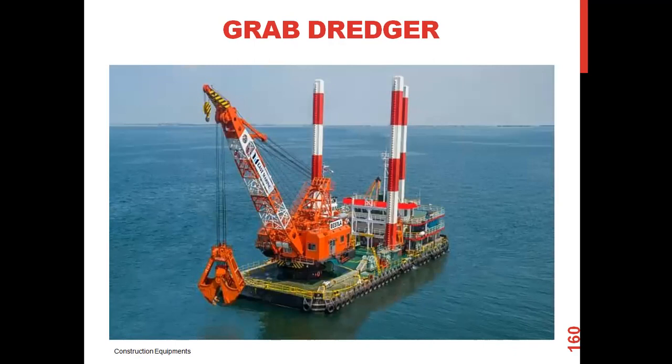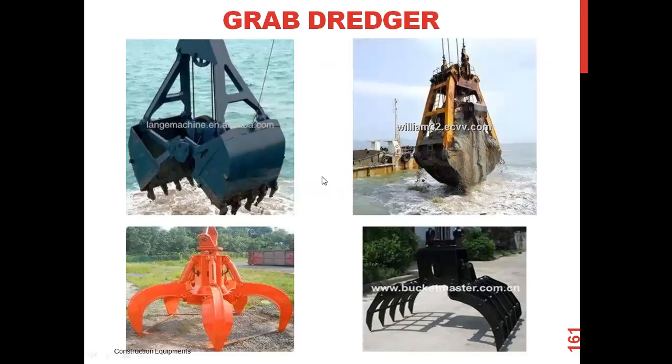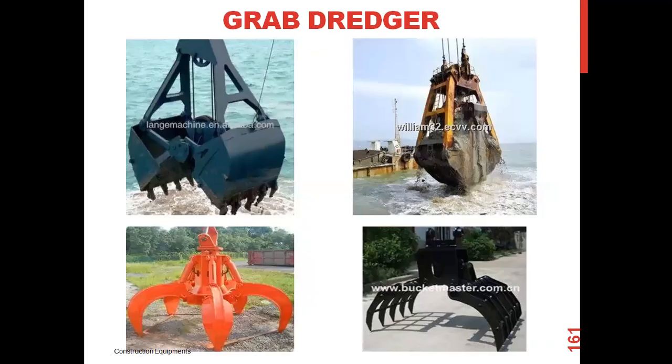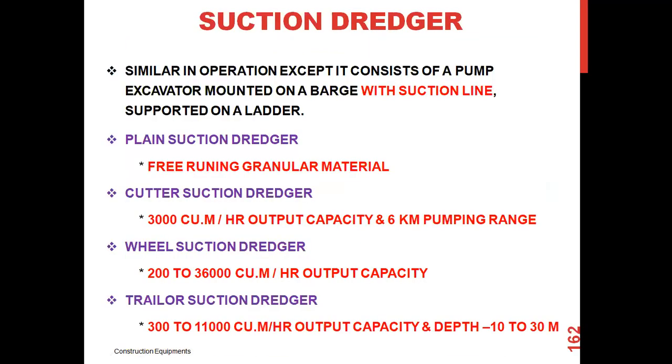These grab dredgers can be operated by cables or hydraulic pumps that grab the material beneath the surface and lift it up. Here are the images of this grab dredger.